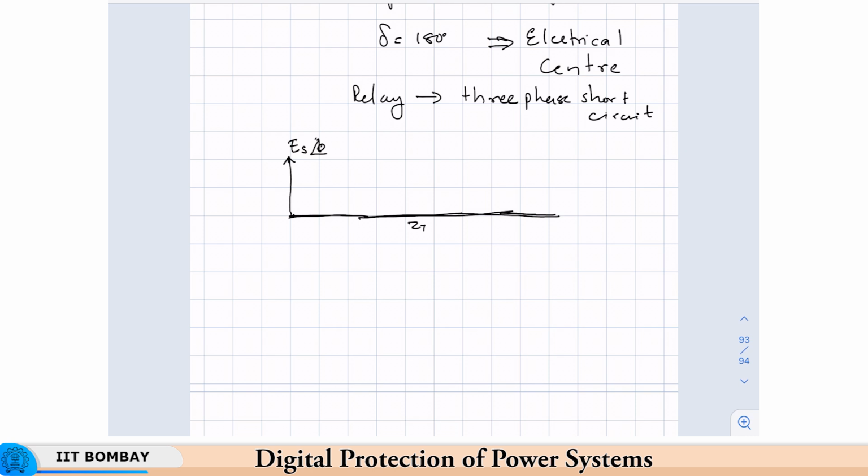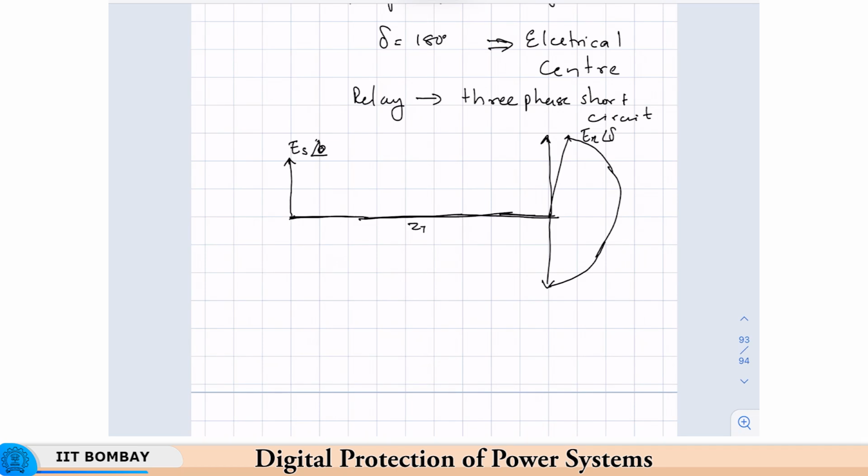For the sake of this argument, let us assume that it is angle 0. The earlier argument was of delta, and then we have an ER here, and this is initially at some angle delta. Now, as delta increases because of the power swing, this starts increasing, and once it reaches 180 degrees, it will be here.